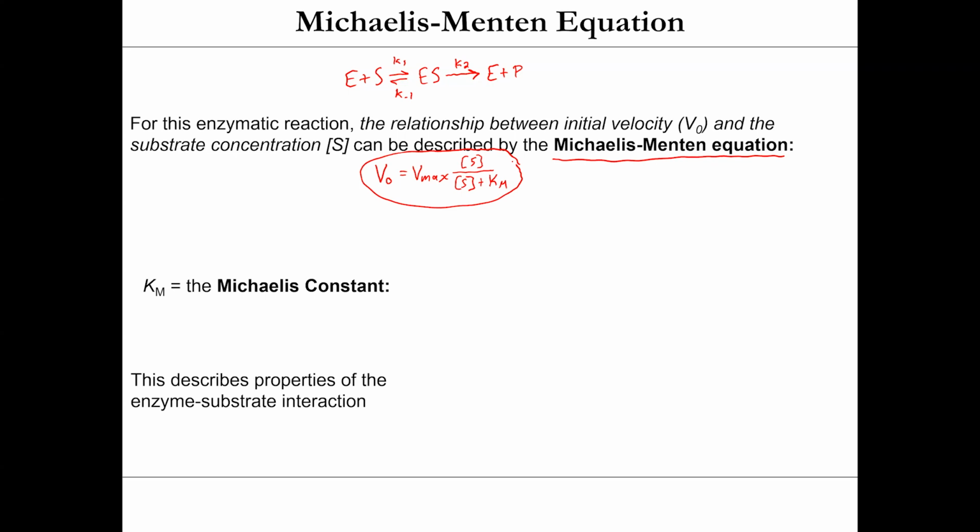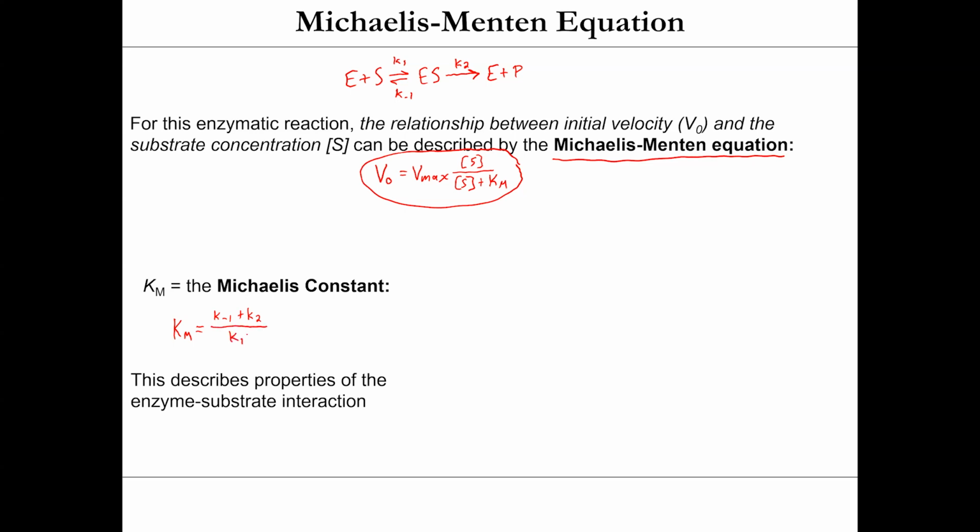And the equation for how we derive Km basically takes into consideration those different rate constants all together. So Km equals K to the -1 plus K2 over K1.